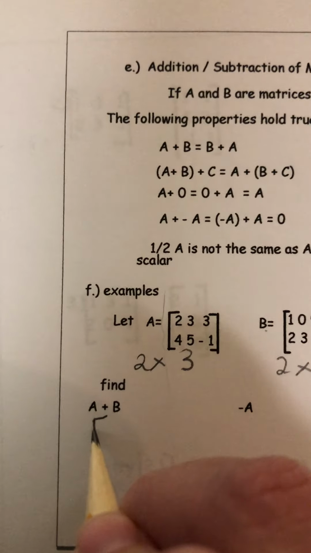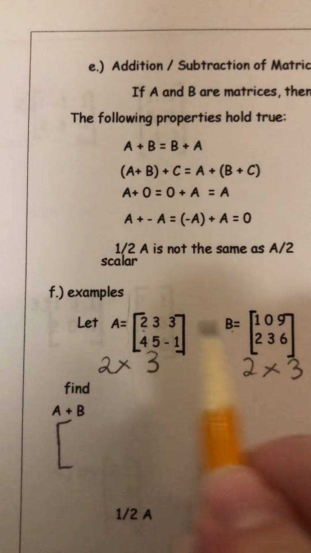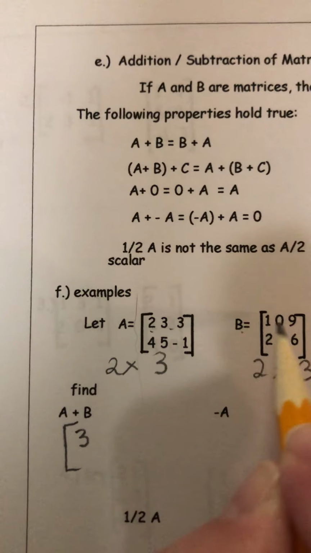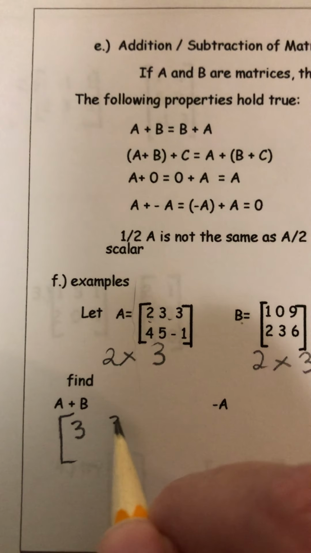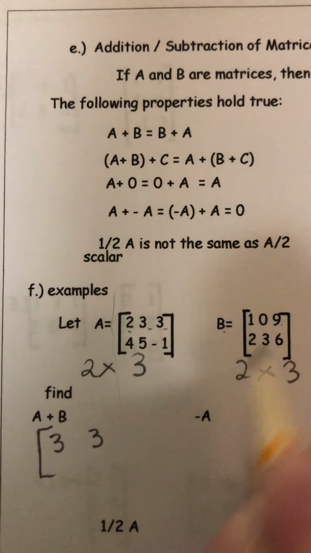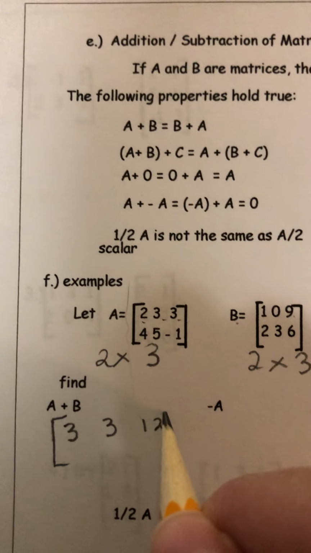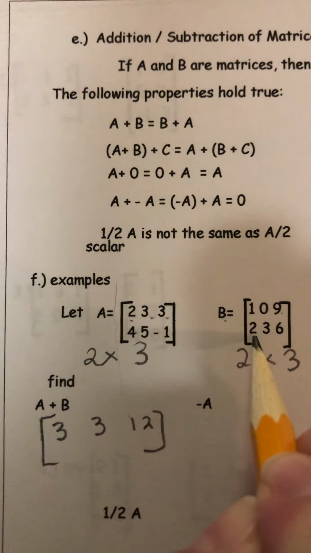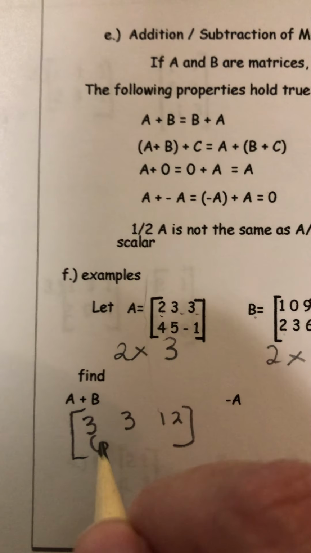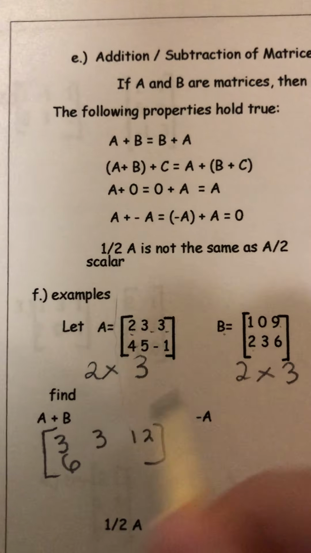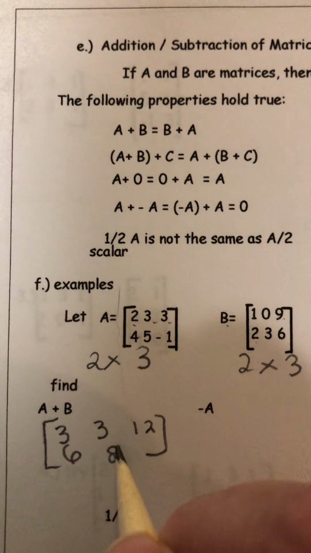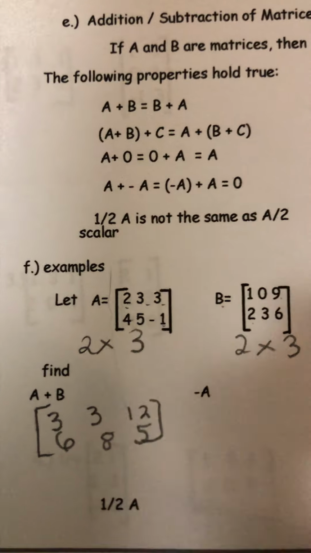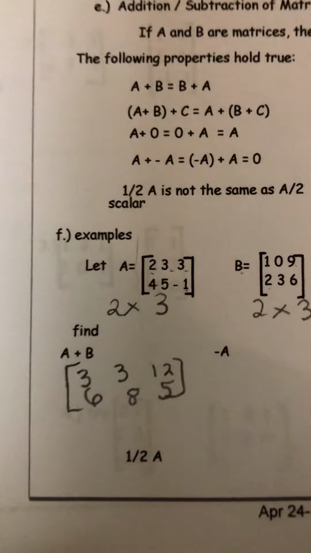So for this new matrix A plus B, I would take 2 plus 1 is 3. 3 plus 0 is 3. 3 plus 9 is 12. That's row 1. Next row 2, 4 plus 2 is 6. 5 plus 3 is 8. Negative 1 plus 6 is 5. So there's your new matrix A plus B.